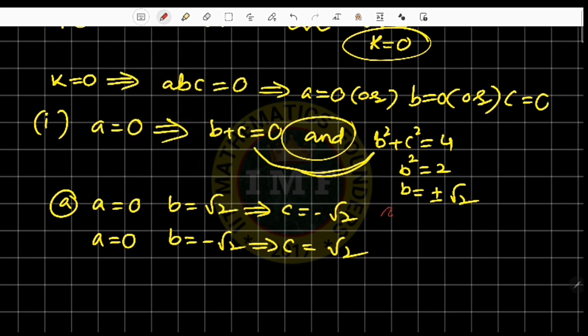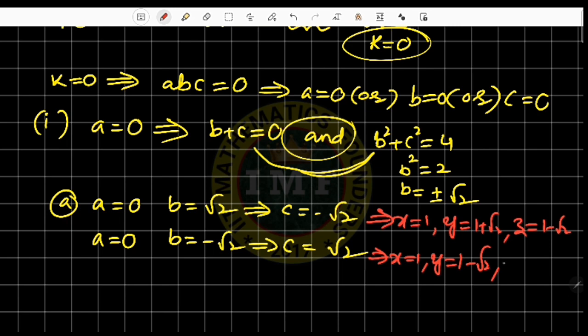Here a equal to 0 will give x equals 1, b equals root 2 will give y equals 1 plus root 2, and c equals minus root 2 will give z equals 1 minus root 2. And from the other case you will get x equals 1, y equals 1 minus root 2 and z equals 1 plus root 2.